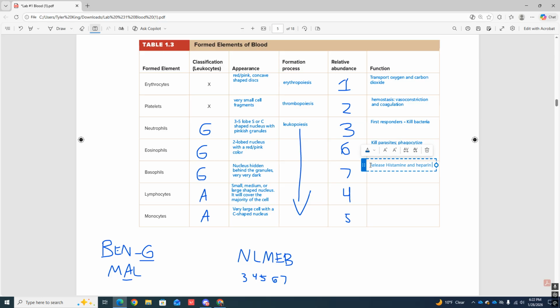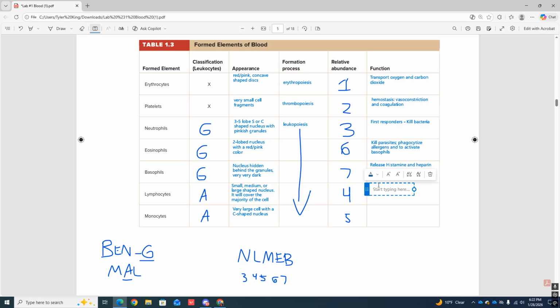Histamine is really responsible for inflammation along with heparin. Inflammation attracts other white blood cells to the area, so they're the alarm. Once they release that histamine, they send word to the other white blood cells to come to the area and help take care of whatever's going on there, okay? So I like to think of these guys as being like an alarm system.